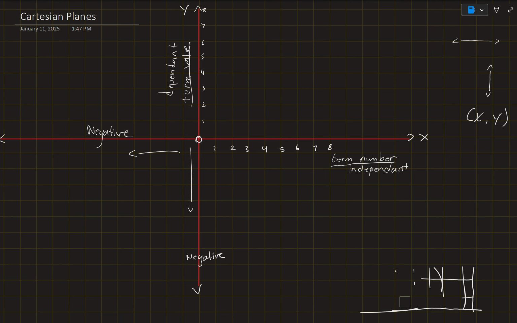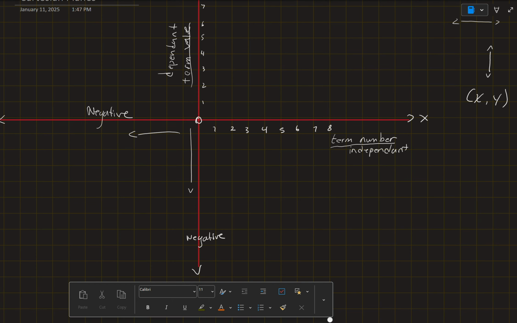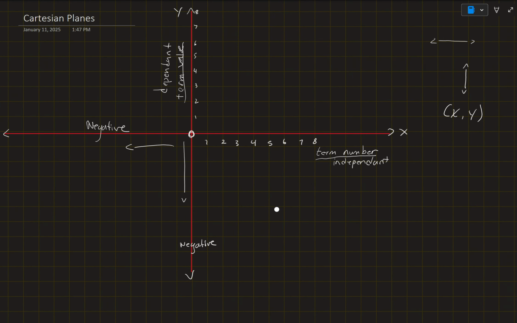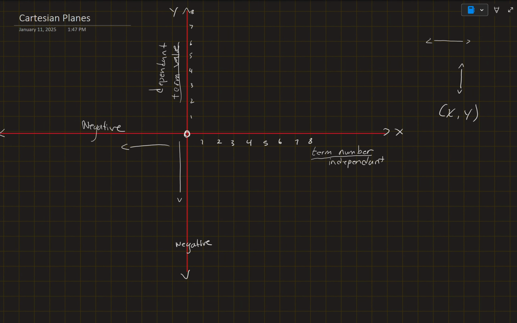Given that, let's use our imagination and let's say, I don't know, I'm just going to pick on people who were not present when we were doing this lesson. So let's say that John lives in room number 0, following the 0 here, okay? Room number 0, and he lives on the 3rd floor. So this is where John is situated.